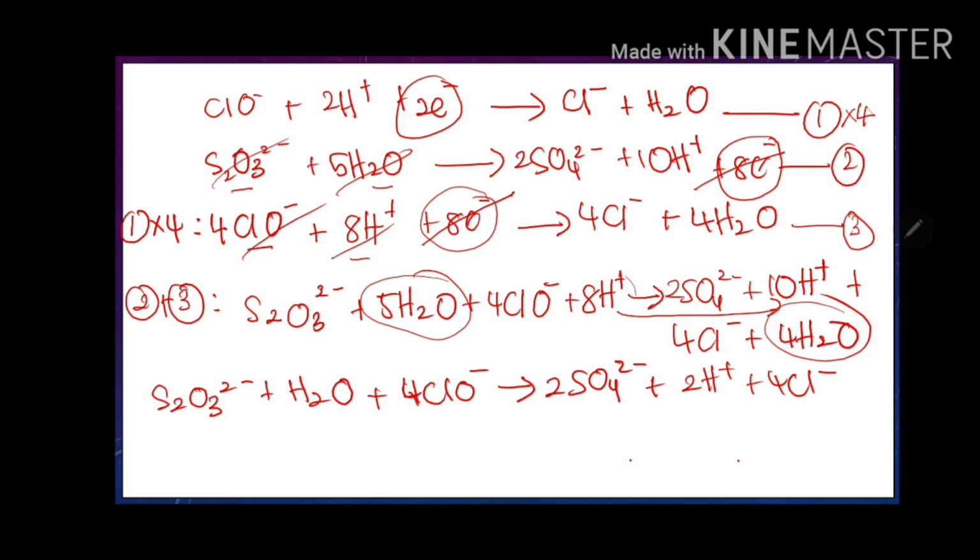Yes, correct. Okay, what about H? H is 2 here. So H is also 2 on the right side. Yes, correct. Okay, next is chlorine. Chlorine is 4. Also 4 on the right side. Yes, you get it right.